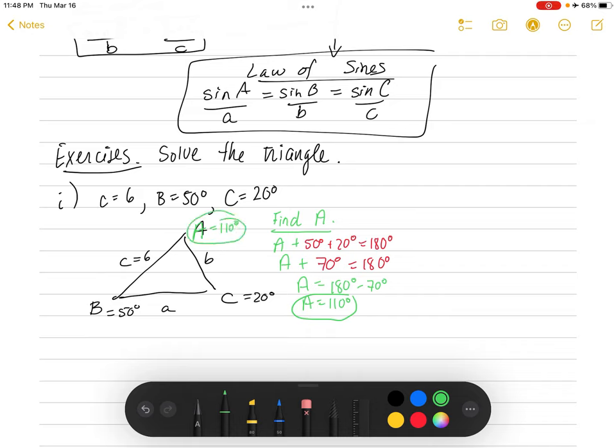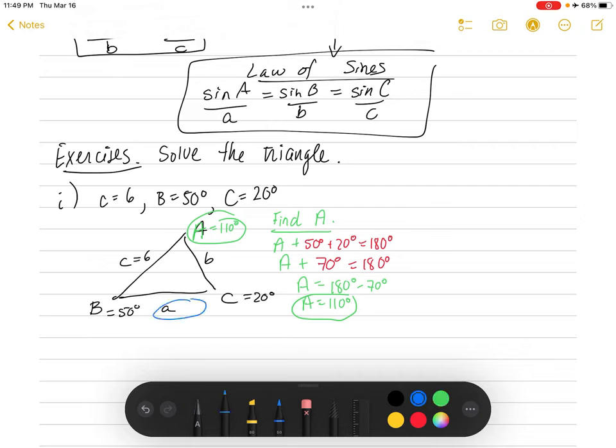Okay, then I got big A and little b. What can I find? Well, I can find little a or little b. Doesn't matter.